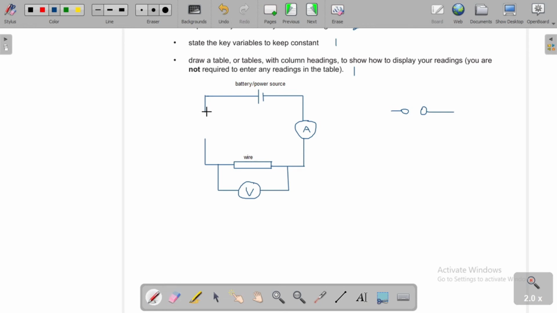So let's have a dot here, a dot here, I have another dot here. And then this is our key. I've added a key.